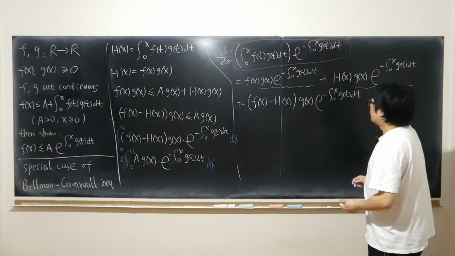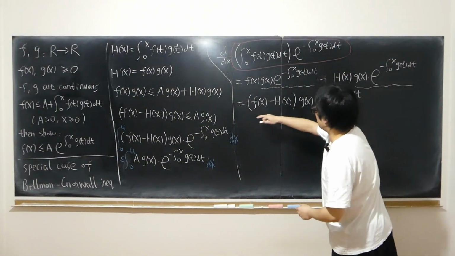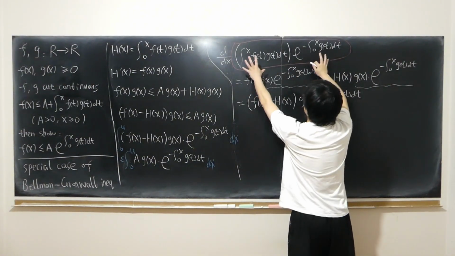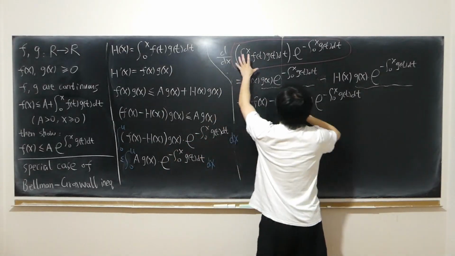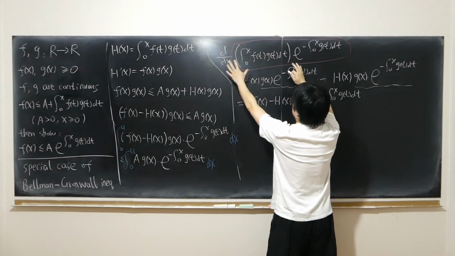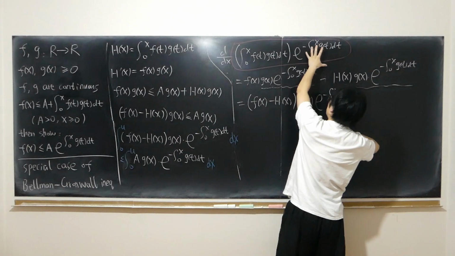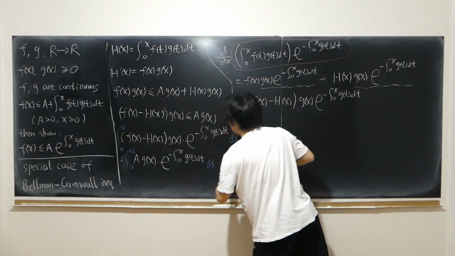Okay, so here we have, like I said, this thing is the antiderivative, because when you differentiate this, it gives you this. That means this is the antiderivative of this.